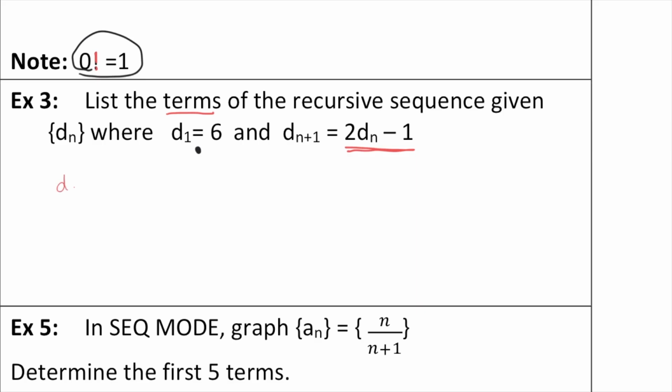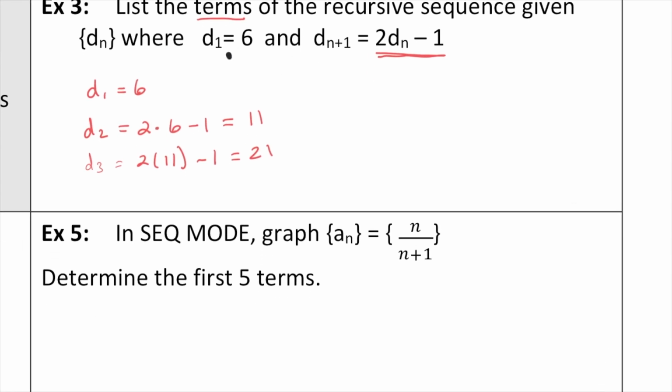Our first term, d1, is 6. Our second term is going to be equal to 2 times the last term minus 1, which is equal to 11. The third term is 2 times 11 minus 1, which is equal to 21.